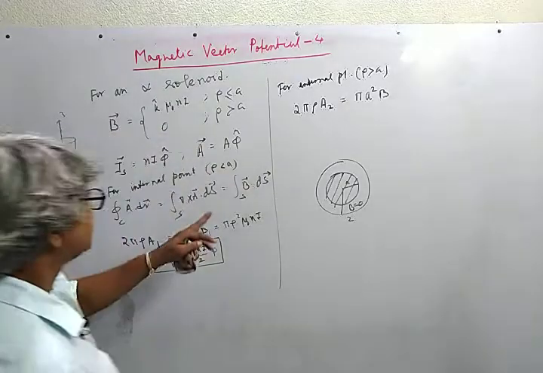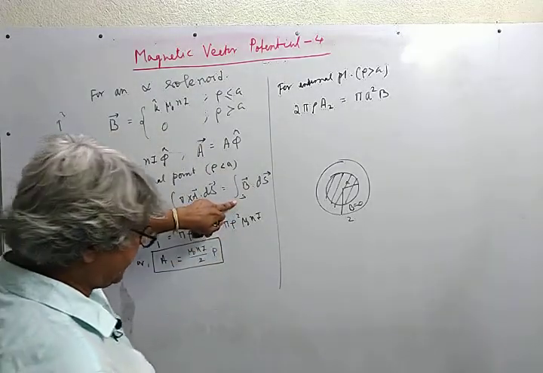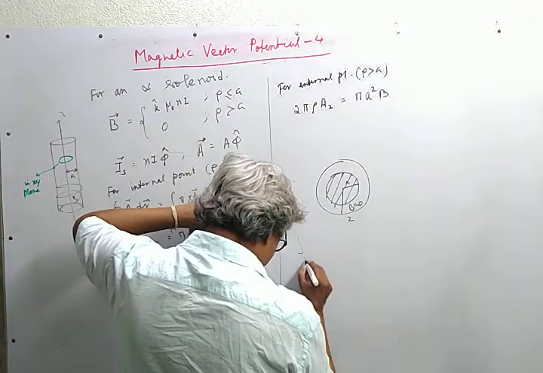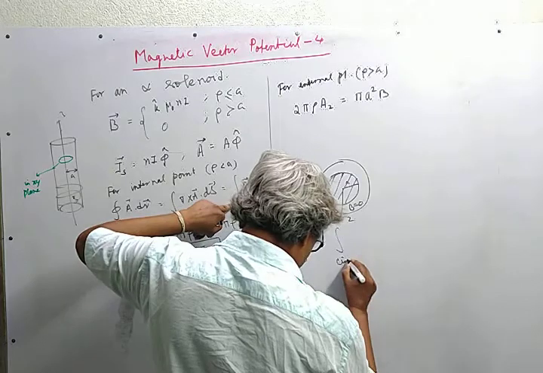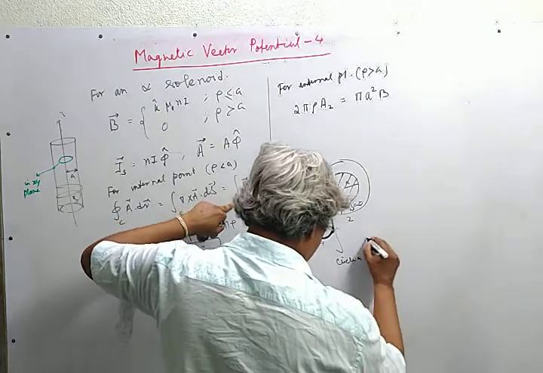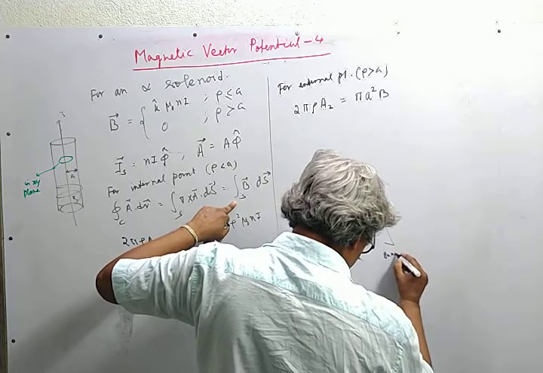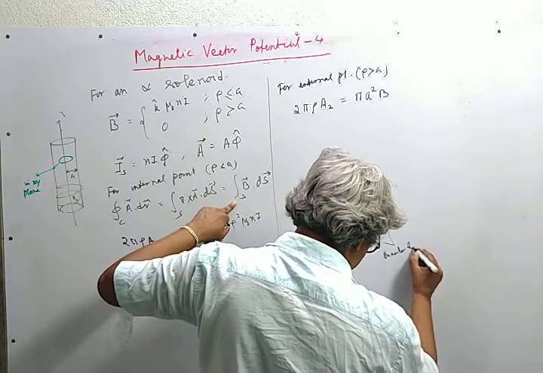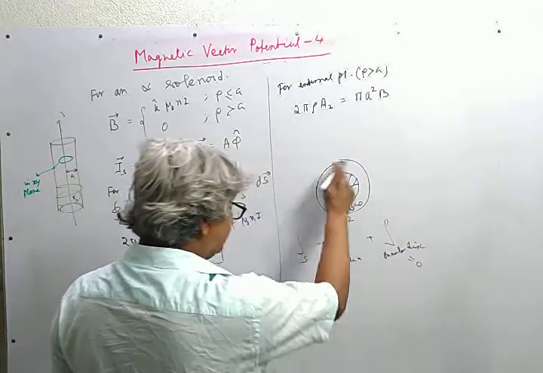So the right hand side, the surface integration, can be converted into an integration over S, a circle of radius A, plus the annular disk. This does not contribute anything because the field is 0.